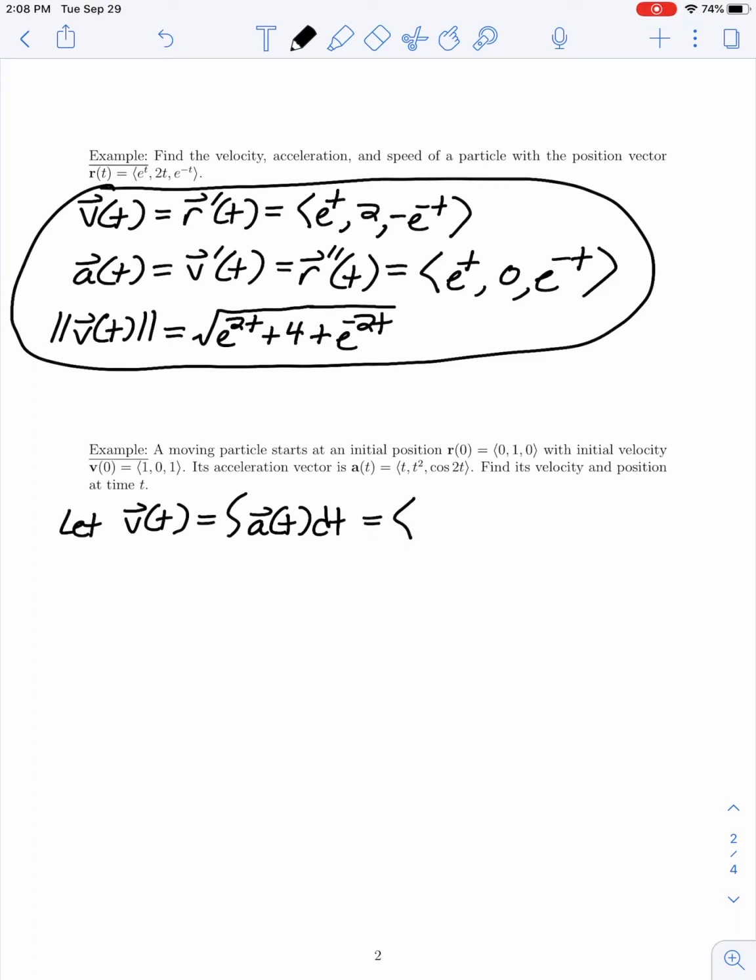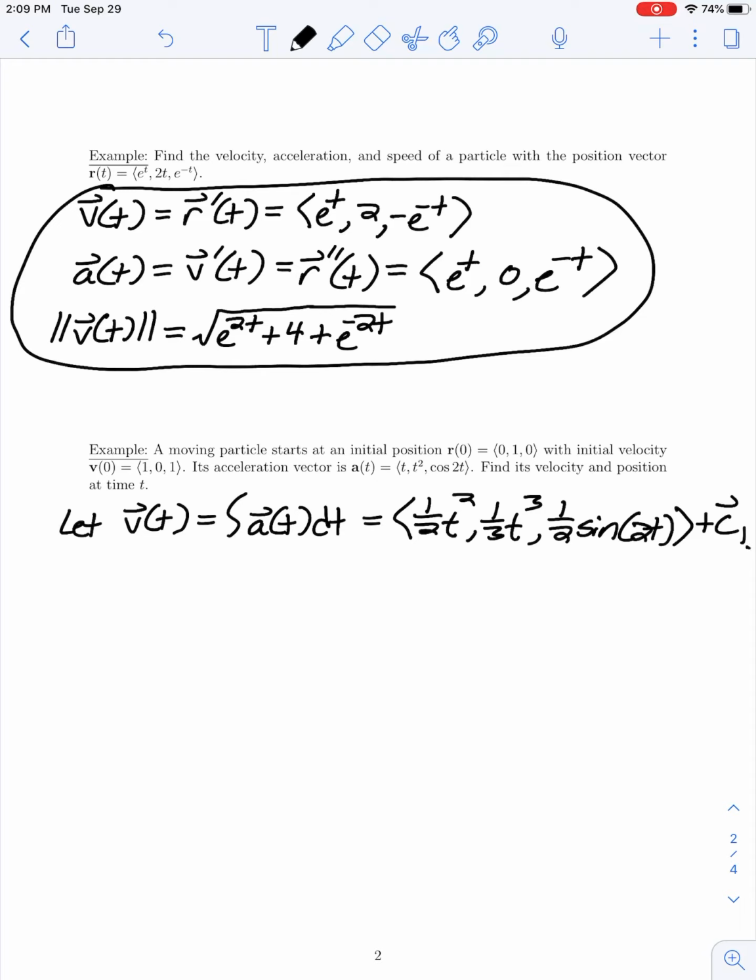So finding the antiderivative component-wise, we would have 1/2 t squared, 1/3 t cubed, and 1/2 sine of 2t. And we could add some arbitrary constant vector, c1, and notice that I'm putting a vector arrow above this arbitrary constant. So I'm not just adding a scalar on the end of this, I'm adding a vector of scalars.